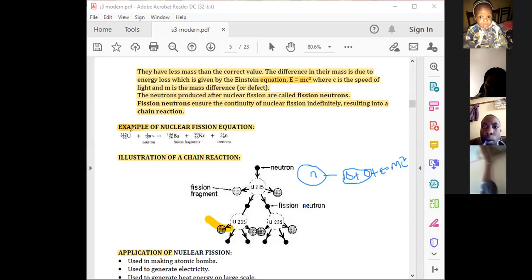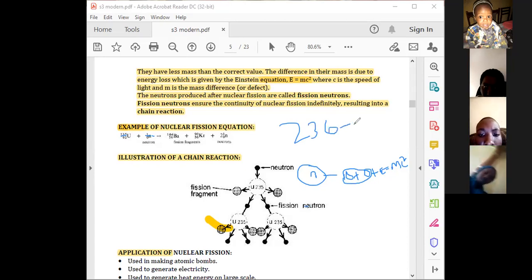So this is the left. I have 235 plus 1, that is 236. So 236 must be equal to 144 plus 90. 144 plus 90 is going to give you 234. Now you can observe that it is not balancing.